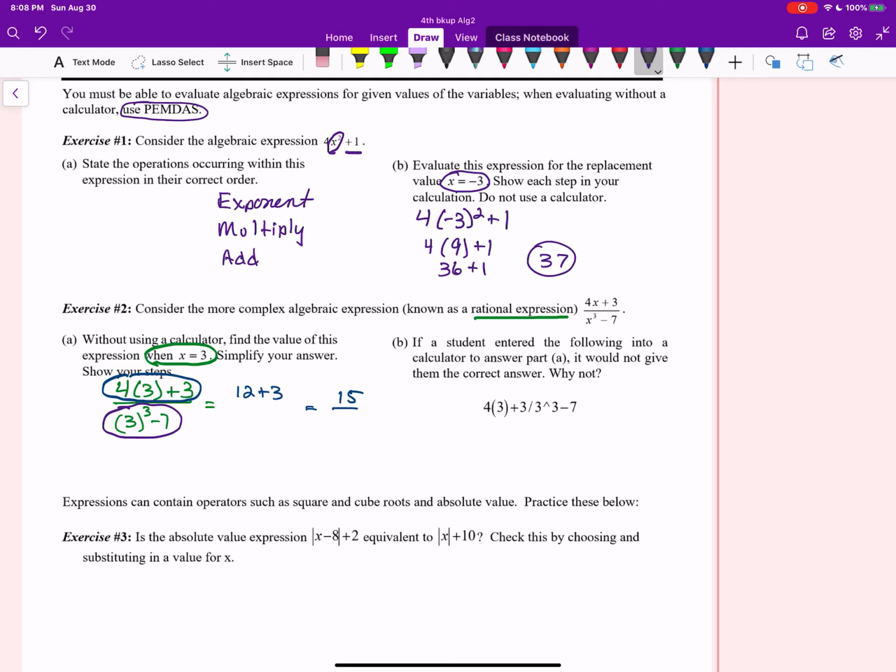And simplifying the denominator, 3 to the third is 3 times 3 times 3, which is 27, minus 7 is 20. So 15 over 20 reduces, dividing each numerator and denominator by 5, to 3 over 4, or the decimal equivalent 0.75.